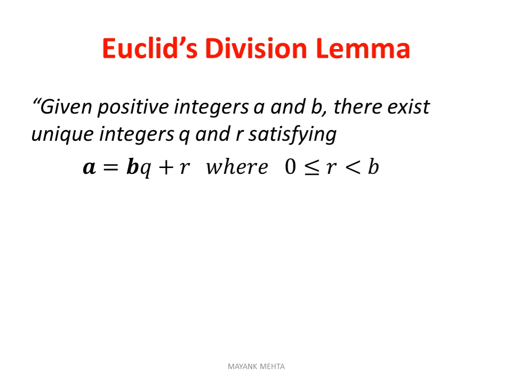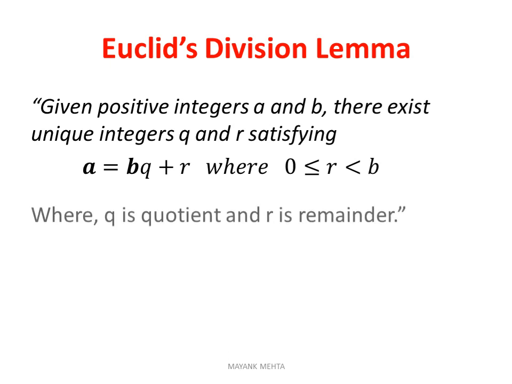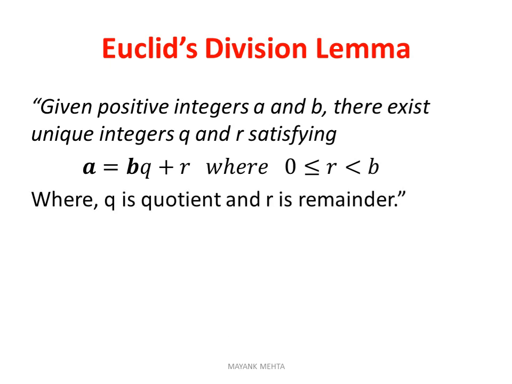R is greater than or equal to 0, but r is less than b. You will find one unique such relation for any integers a and b, where q is quotient and r is remainder.